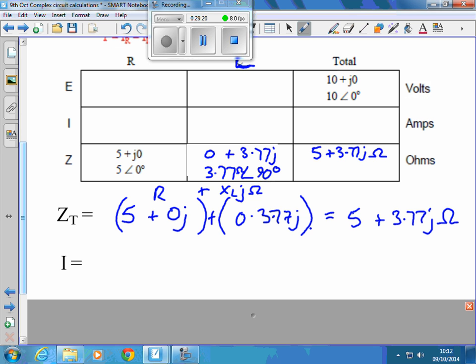Do convert that to polar as well, gents, please. 6.3 ohms, angle 37 degrees. Yeah. Okay.